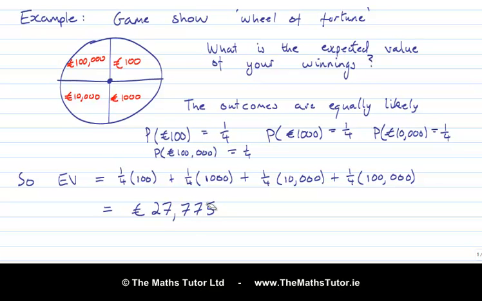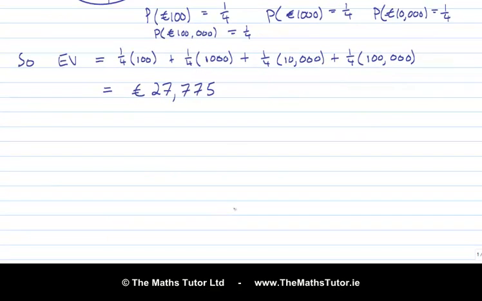Now, before we finish, I want to make two important observations about expected value. And the first one is apparent in this example that we've just done. The first point is that the expected value is not necessarily even an outcome of the trial. And you can see that in this example here. The four outcomes were 100, 1,000, 10,000 and 100,000.